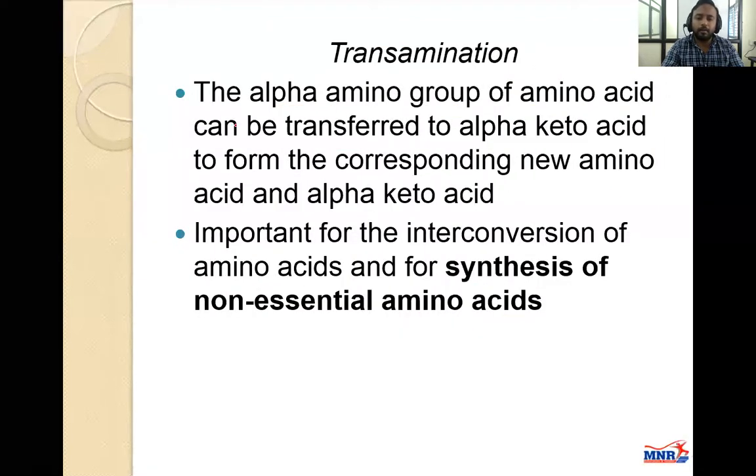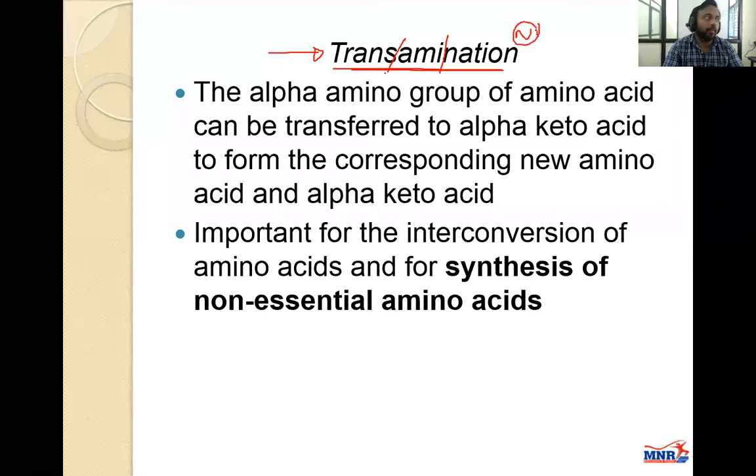Next important type of reaction is called transamination reaction. Okay, please remember, trans means transfer. Amino group is transferred. The reaction name itself tells you that there is transfer of amino group. Amino is a nitrogen group.